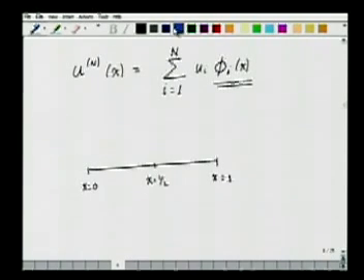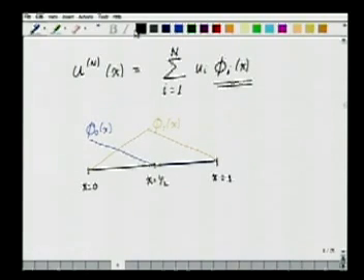So what should I do? I construct these functions phi_i in such a way that this is my so-called phi 0 of x, this is my so-called phi 1 of x, and this is my phi 2 of x.